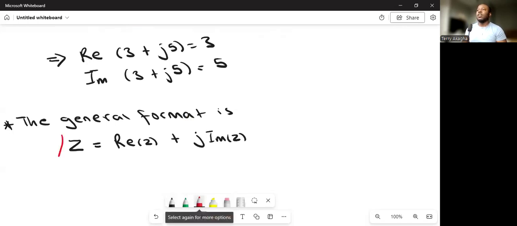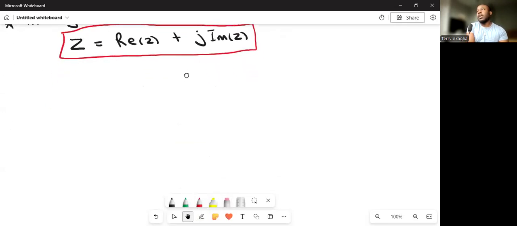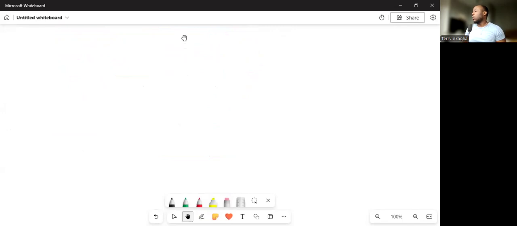That is the general format of complex numbers. So it's going to be the real part, then J, the imaginary part. Let me pick an example and quickly move on to the next one.